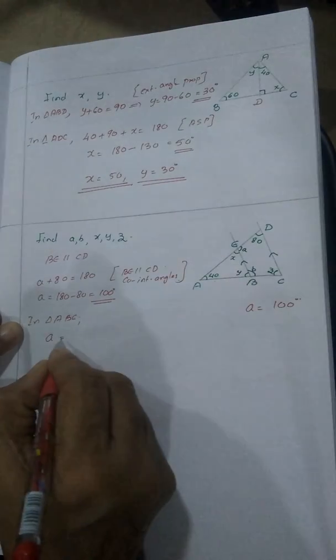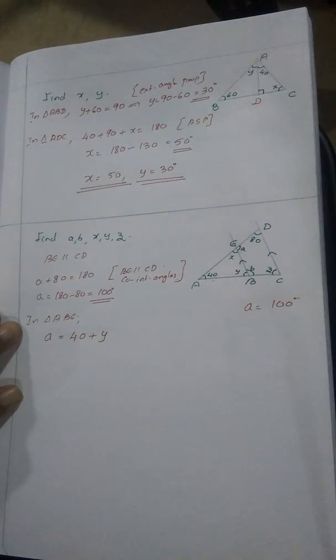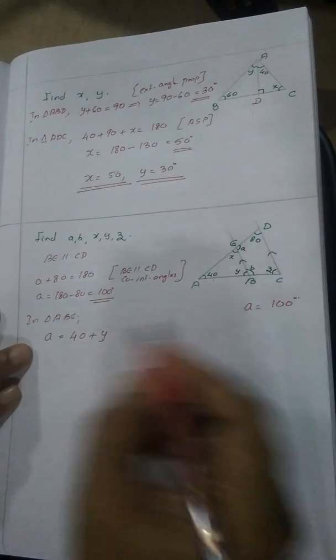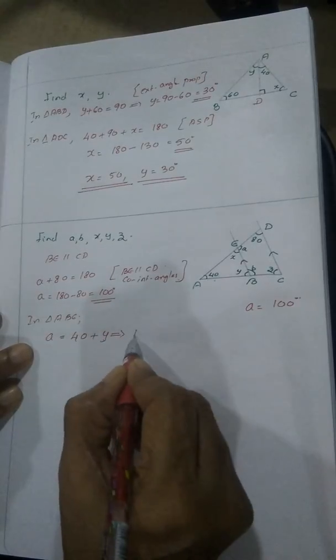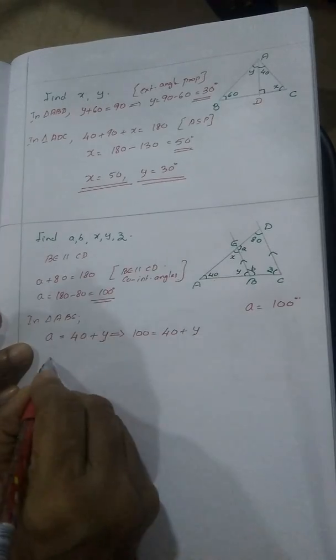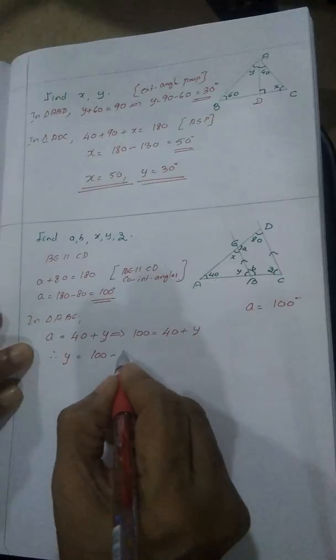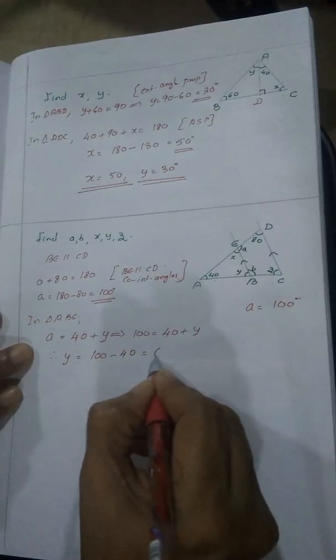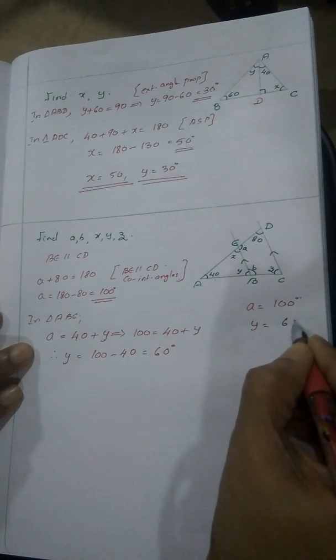So 40 plus Y. We know A is equal to 100, so we'll write 100 is equal to 40 plus Y, and therefore Y is equal to 100 minus 40, which is 60 degrees. So Y is equal to 60 degrees.